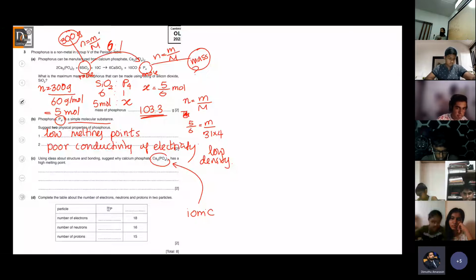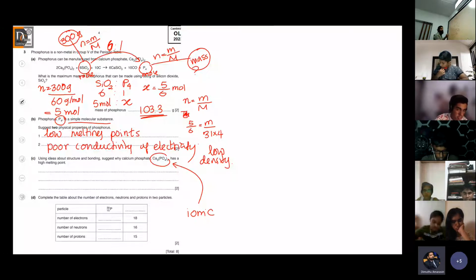Giant ionic bonding has no meaning, so say giant ionic structure, right? Cations and anions are strongly attracted or bonded.